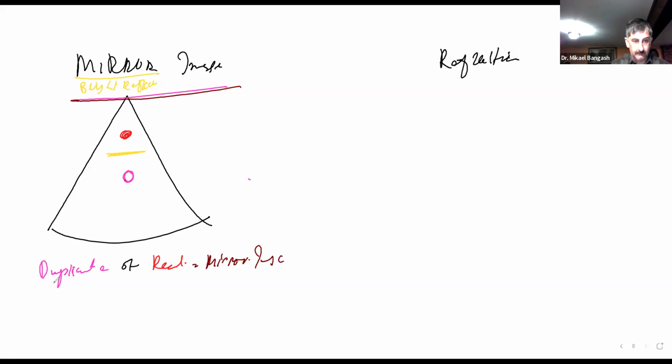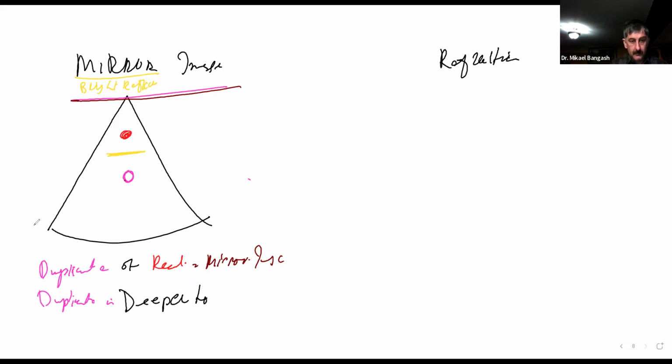This duplicate, the actual mirror image, is going to be deeper than the real reflector or real structure.